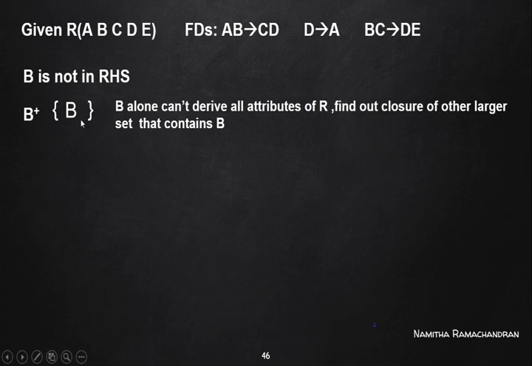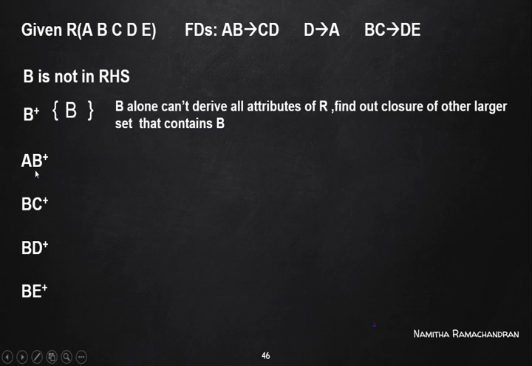That means we can't derive all the attribute values. Okay, so consider the next higher set. That means a set containing two elements, and in those two elements one must be B. So what are the possibilities? These are the possibilities: AB, BC, BD, BE. One of them must be B.